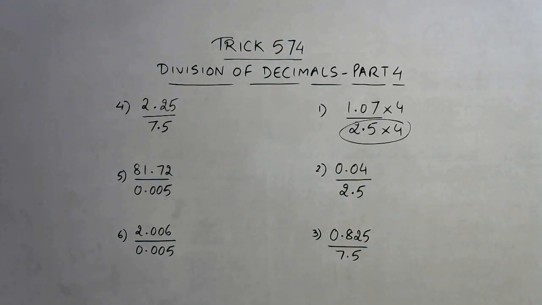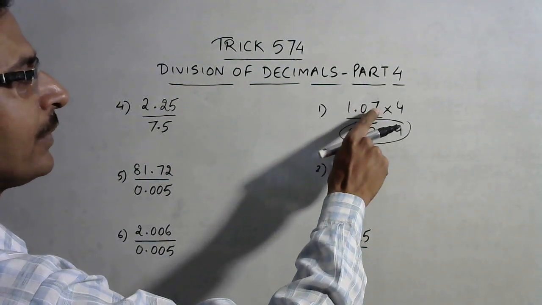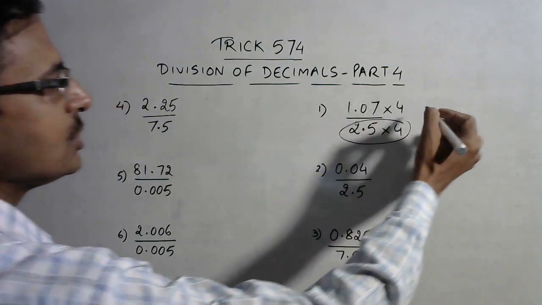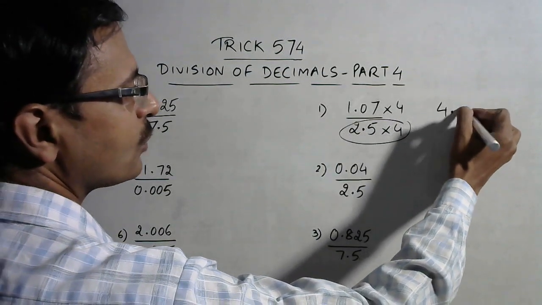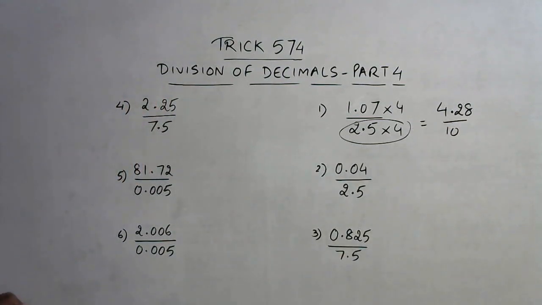And how do you multiply by 4? You have to double the quantity 2 times. See, 1.07 doubled is 2.14 and then further doubled is 4.28. So 4.28, and divide by 10, and now the result is obvious in the next step.